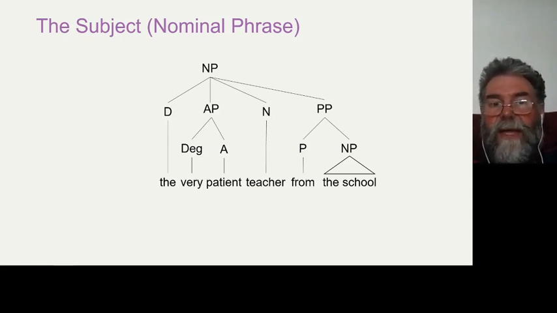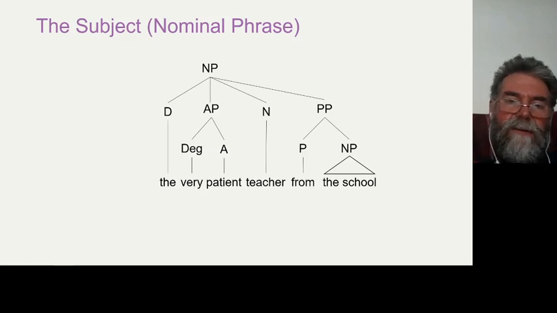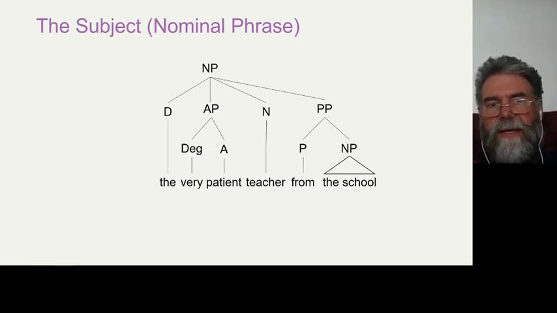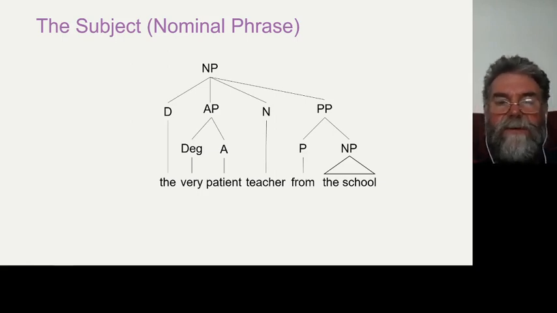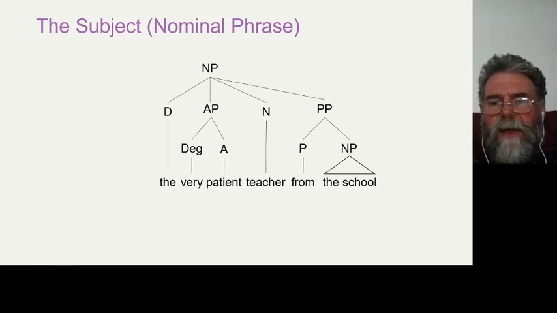It's a phrase that can contain other phrases, and those phrases can contain other phrases. Moreover, you start off with an NP, and then somewhere inside that we end up with another NP. So the whole thing, the very patient teacher from the school, is an NP, but also the school is an NP. This is a very important aspect of language: if you can get a phrase of one type inside another phrase of the same type, that means you keep on having such phrases.